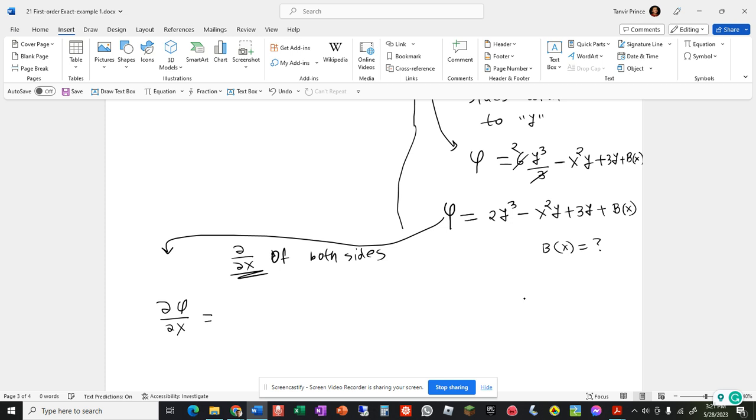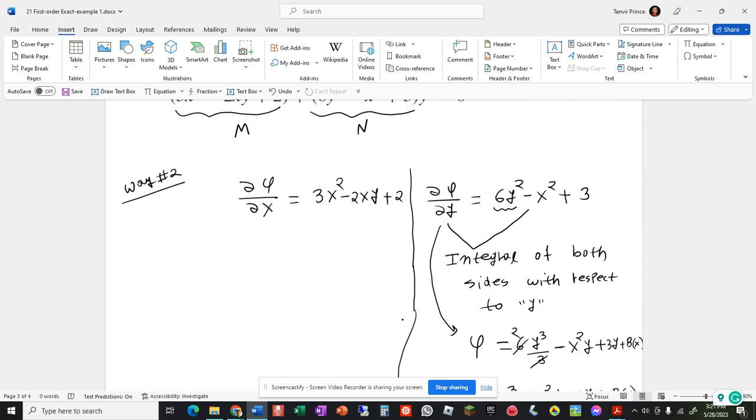So x is the variable, y is like a number. The partial derivative of 2y cubed is 0, it's a number. The partial derivative of negative x squared y is negative 2xy. The partial derivative of 3y is 0 because 3y is a number. Plus the partial derivative of b with respect to x is just db dx, because b is a function of one variable, only x. And this is supposed to be equal to the other one because they are both equal to the partial of phi with respect to x.